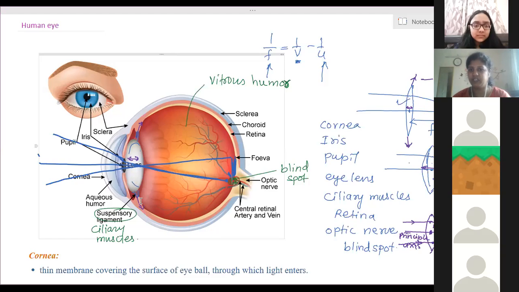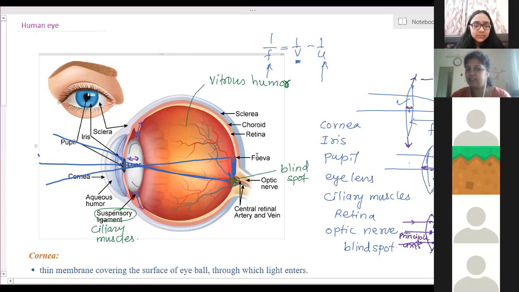So that whatever the distance of the objects, the image will be formed on this screen called the retina. This is the inner layer of the eye. A real image will be formed on the retina, and the distance between the lens and the retina won't change.